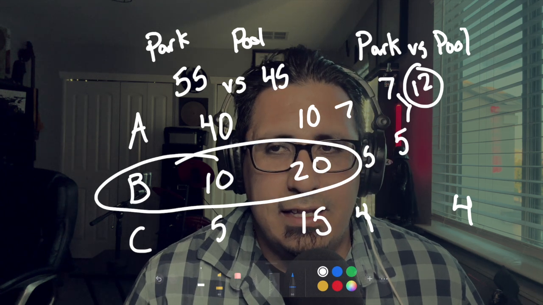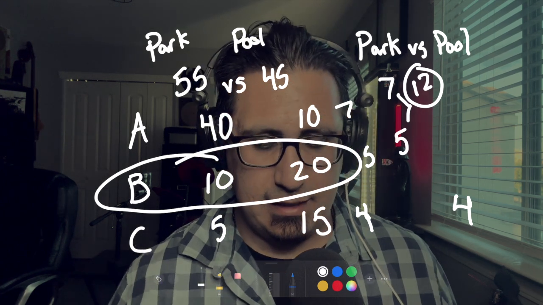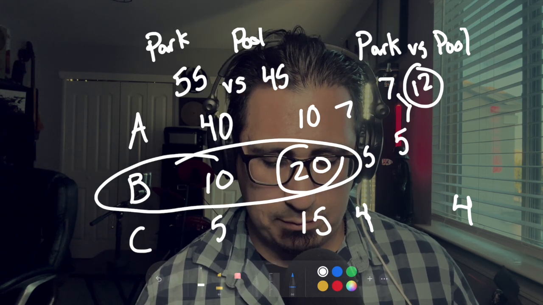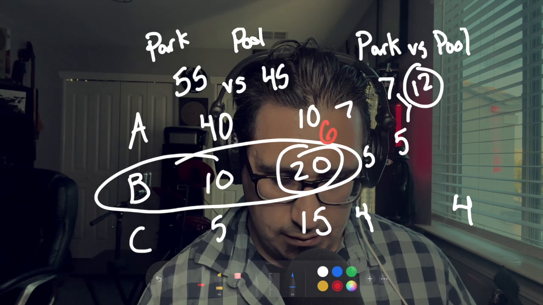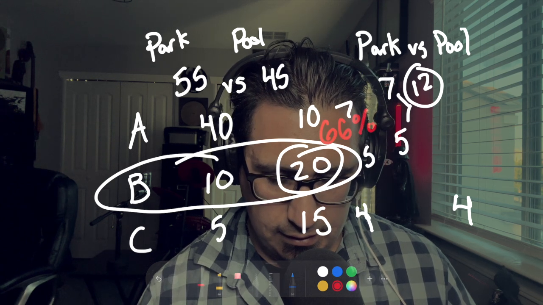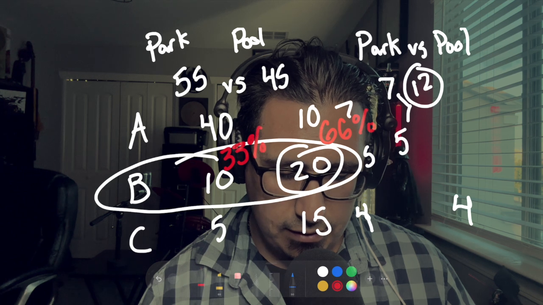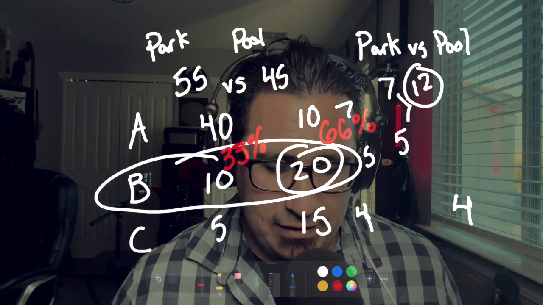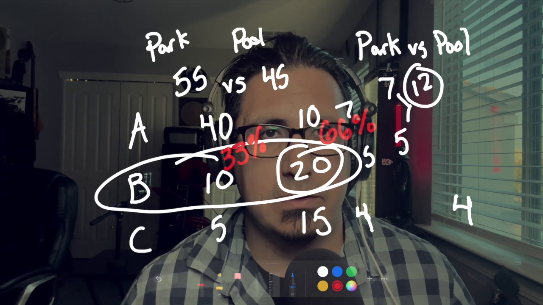Now, the only thing I think is tricky with this scenario is that this is 66%. 66% of people versus 33% wanted the pool, but their votes are still going to the park because of the national vote.